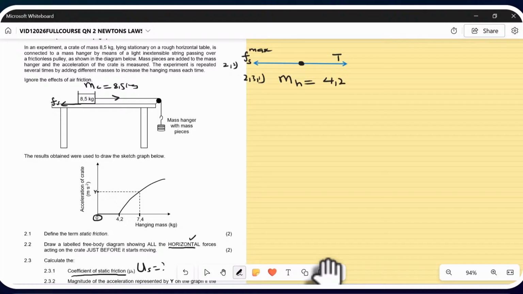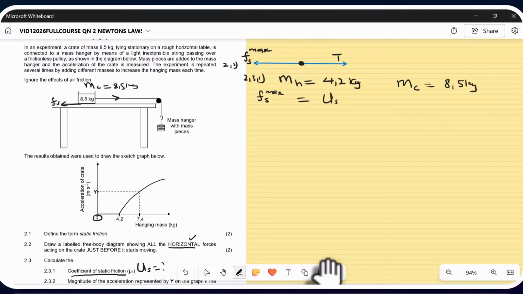And then the mass of the crate is constant, which is 8.5 kilograms. And what are we looking for? The coefficient. So for this matter, we know that the maximum static frictional force is given by the coefficient which we are looking for times the normal force.